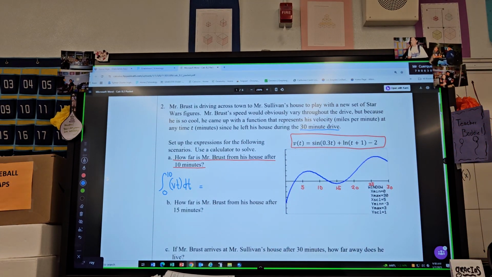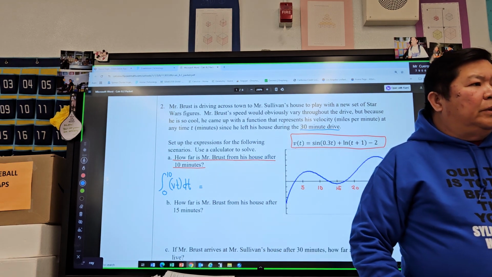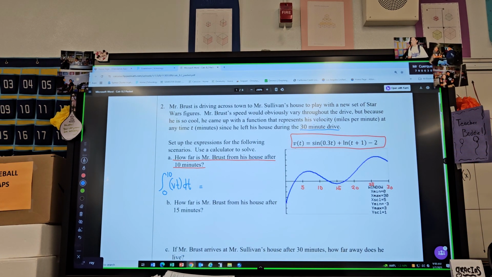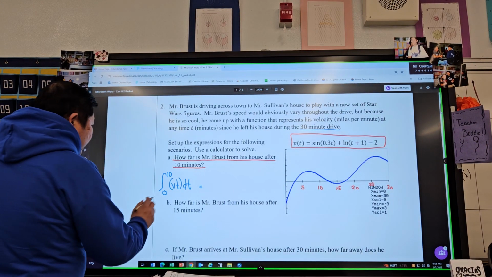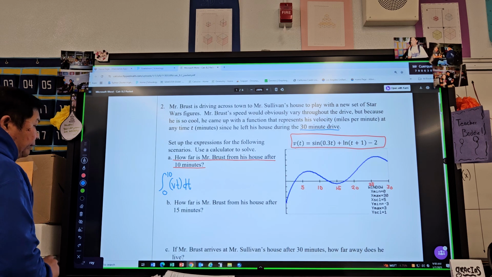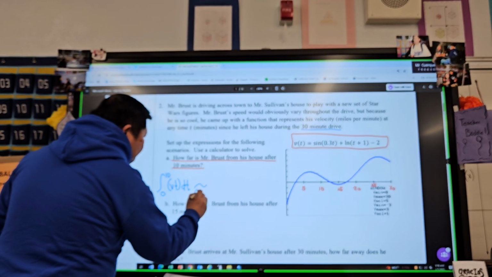9. Okay, can you now type math 9 and then type also the given velocity? So instead of writing equal sign, you're gonna have to use approximate sign. So approximately.